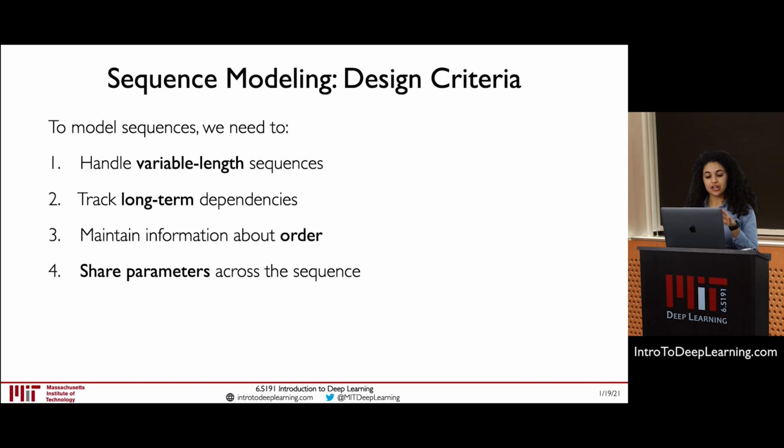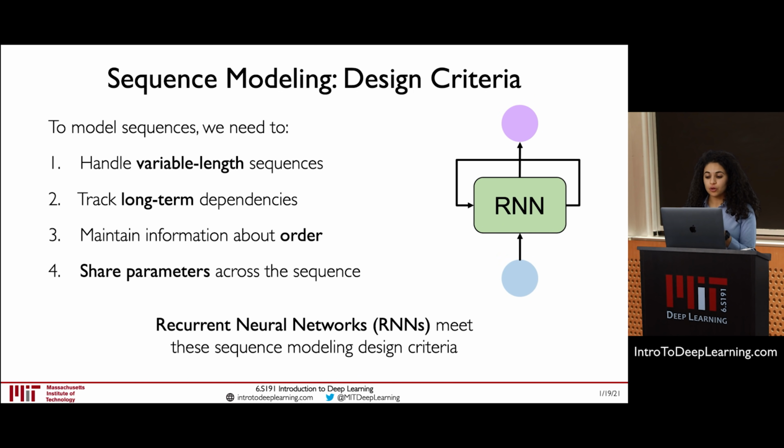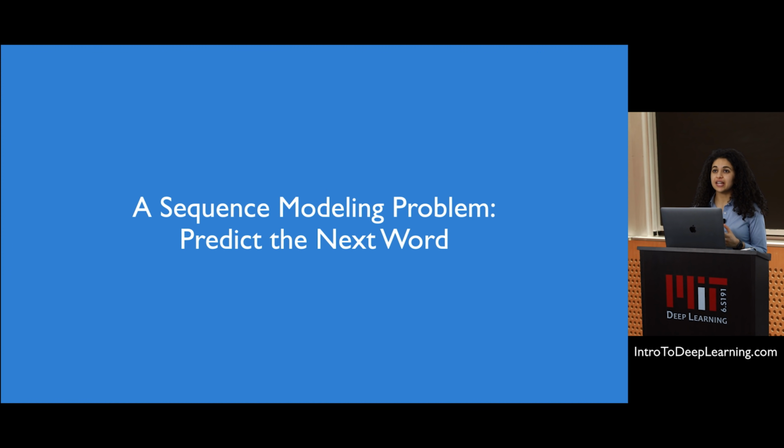To do this, we can achieve both points 2 and 3 by using weight sharing, sharing the values of the weight matrices across the entire sequence. I'm telling you now, and we'll see, that recurrent neural networks do indeed meet all these sequence modeling design criteria.